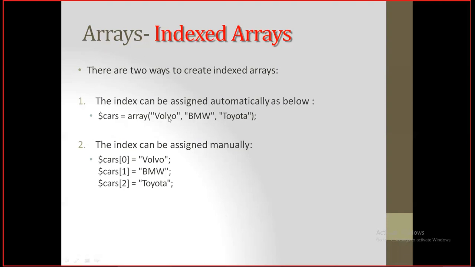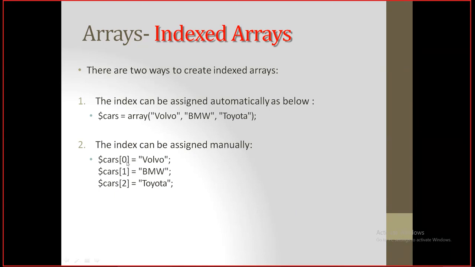Since this array is going to store three values, Volvo, BMW and Toyota, we will be accessing these values with their respective numeric index, right? So that is one way of creating arrays and accessing them.